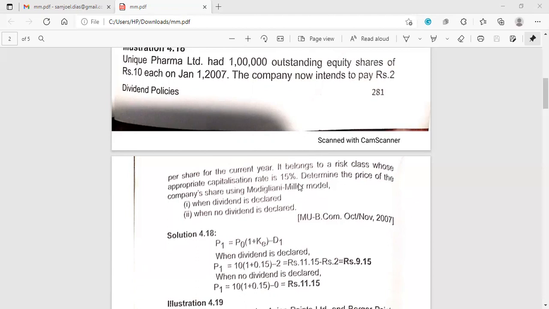So we have all the information, and we simply have to put it into the formula. 10 into 1.15 minus 2, so that becomes 11.15 minus 2. The market value of the share when the dividend is declared is 9 rupees 15 paisa.